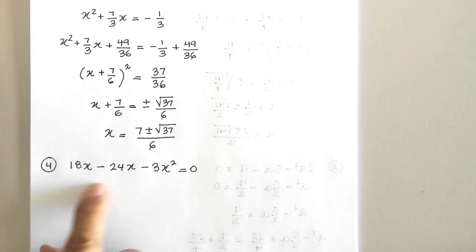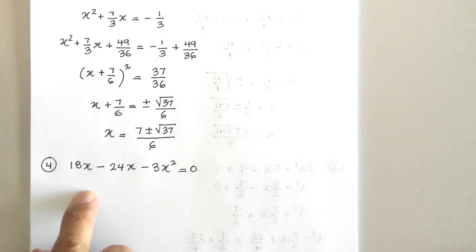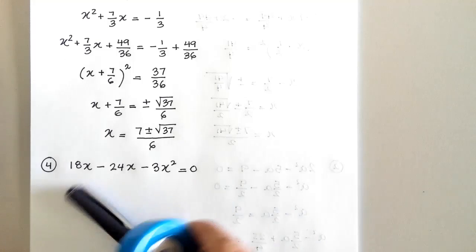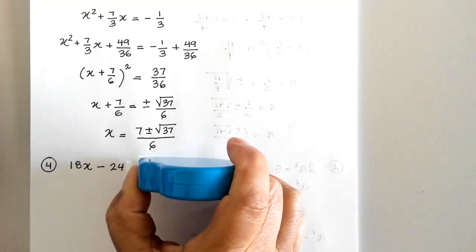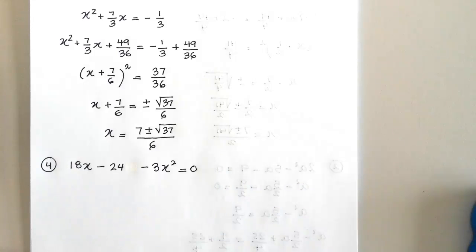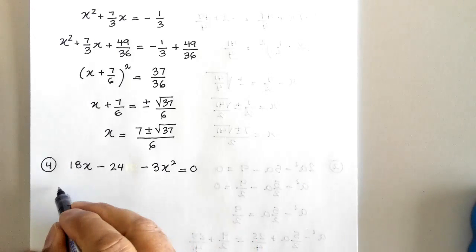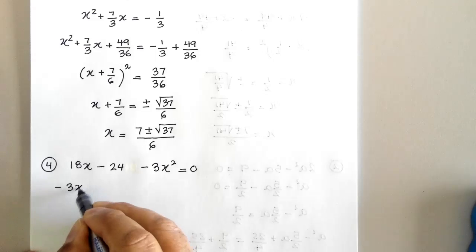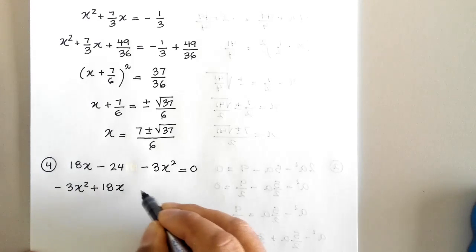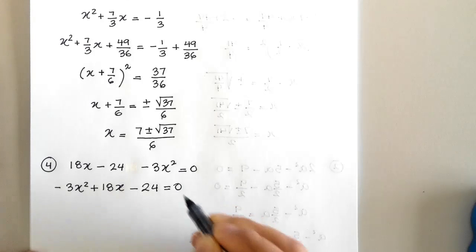Okay, step number 1, we are going to put this in the right order. So we're going to put the x squared. I think this should be only 24. Okay, I am having one of those days. Okay, so we're going to put this in the right order. So we're going to put this as negative 3x squared plus 18x, then minus 24 equal to 0.